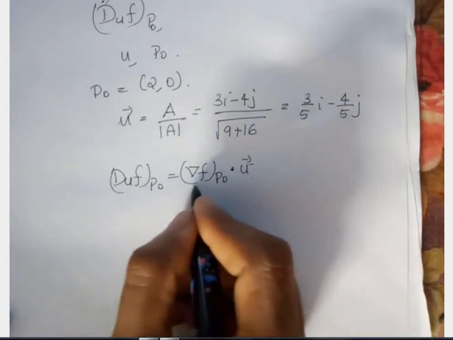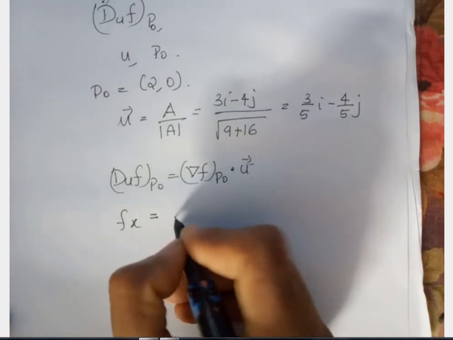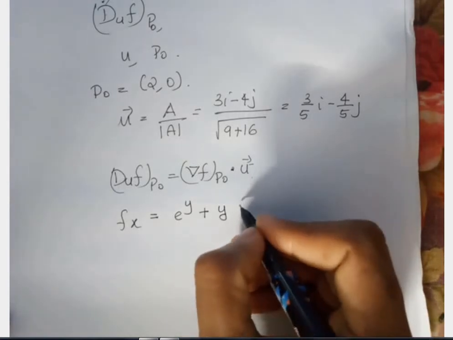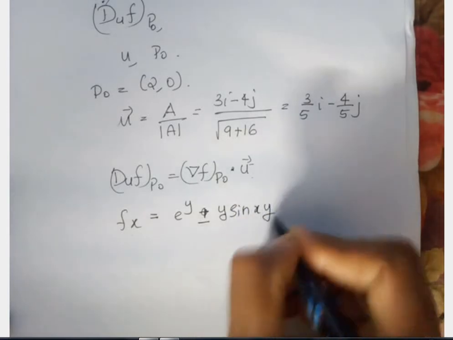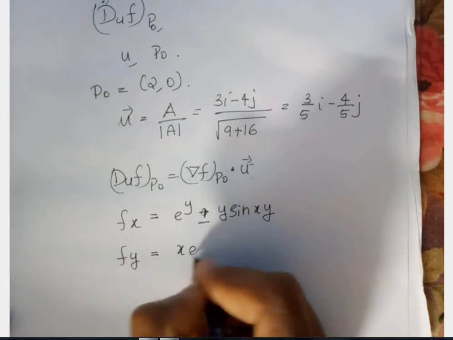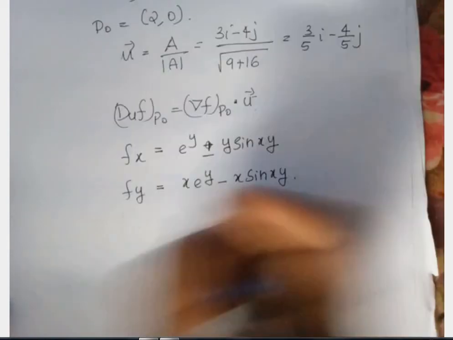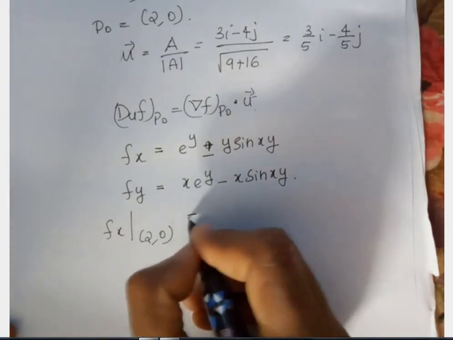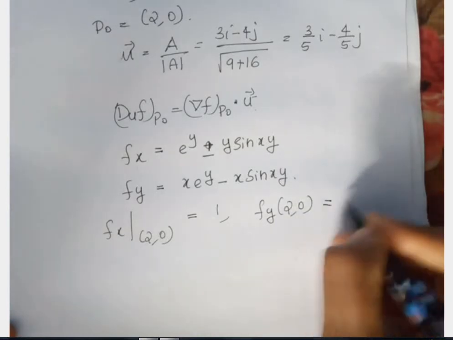So first I have to find f_x and f_y. f_x is equal to e raised to y minus y sine x y, and f_y equal to x e raised to y minus x sine x y. So f_x at the point (2, 0) is equal to 1, and f_y at the point (2, 0) is equal to 2.